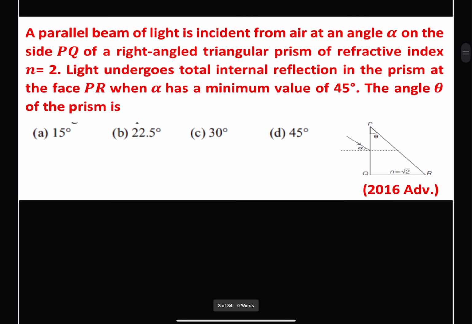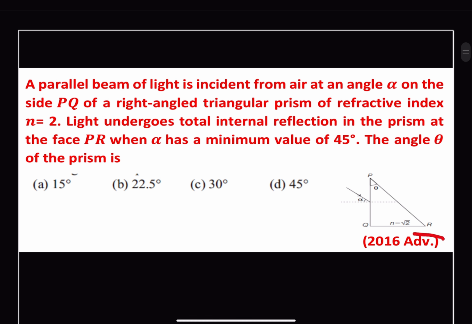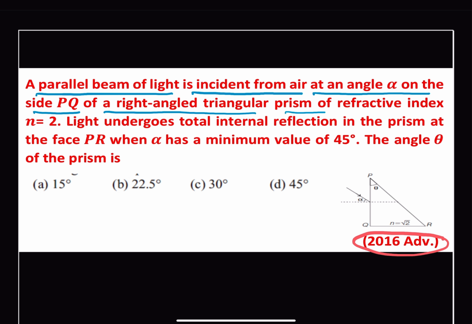We go to the next question. It was asked in the year 2016 in JEE Advanced, and it states that a parallel beam of light is incident from air at an angle alpha on the side PQ of a right angle triangle prism of refractive index n equal to square root of 2.